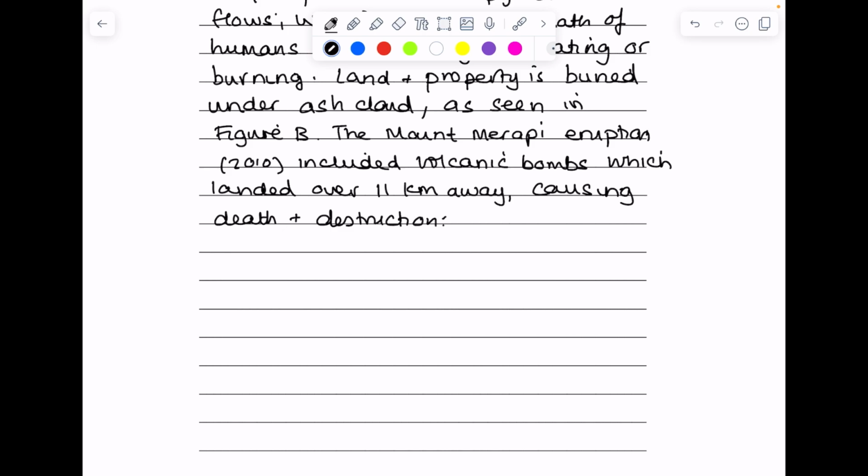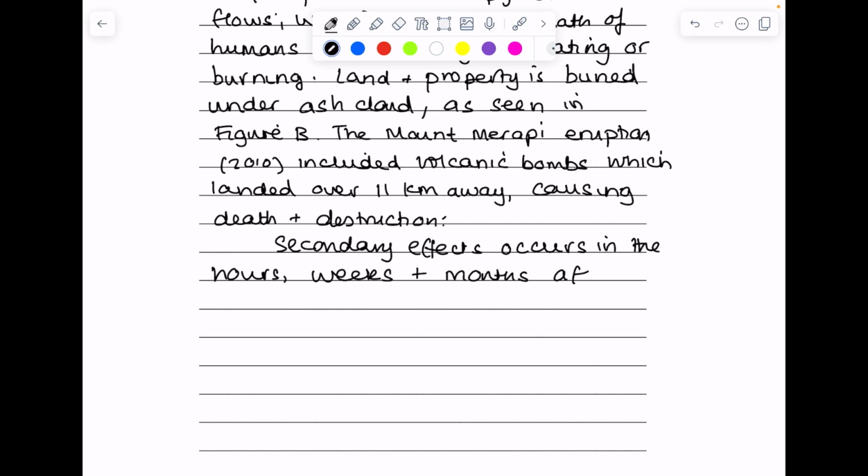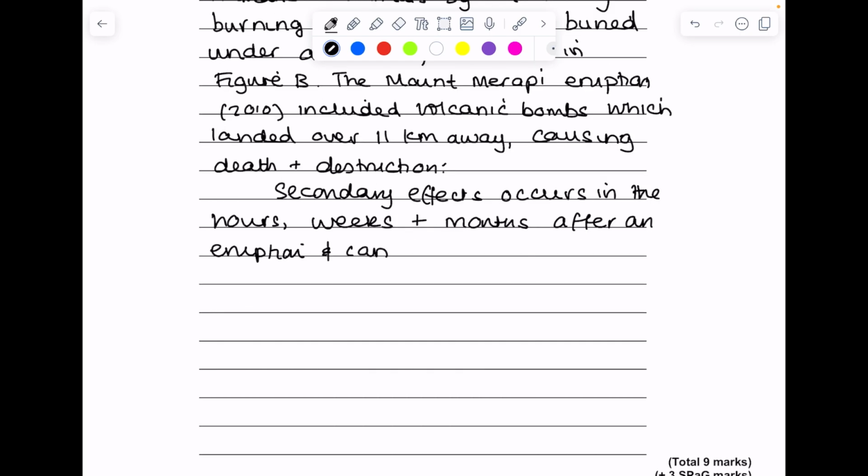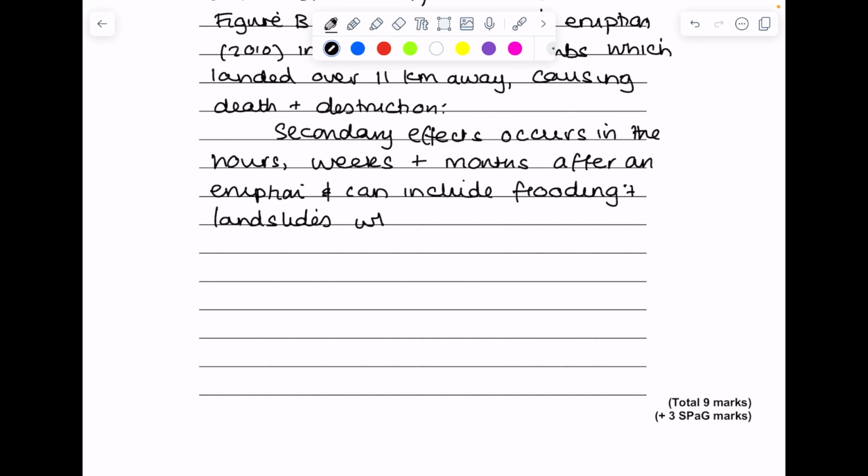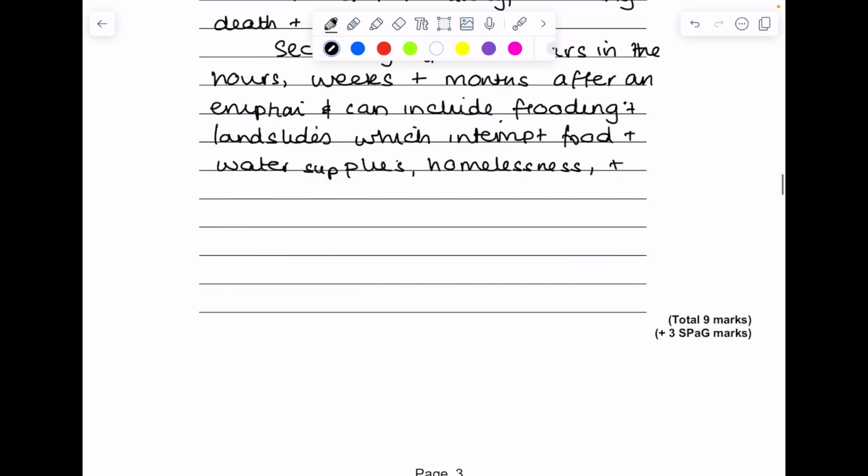Now we'll describe the secondary effects, which occur in the hours, weeks and months after an eruption and can include flooding and landslides which interrupt food and water supplies, homelessness and the cost of relocating people who live close to the volcano.